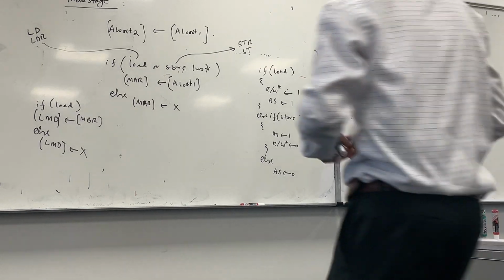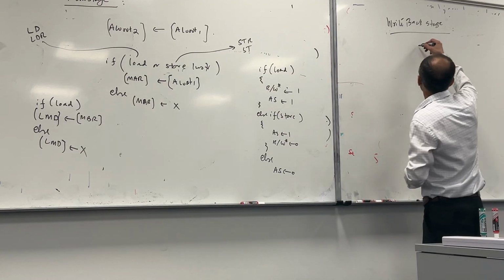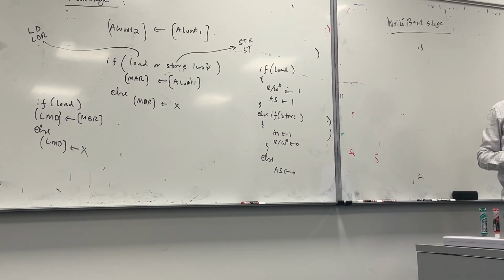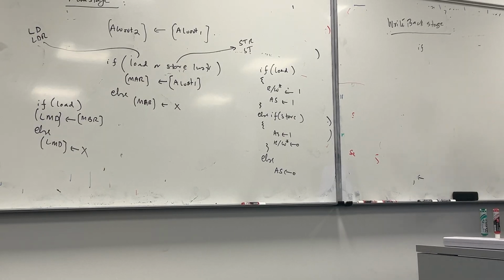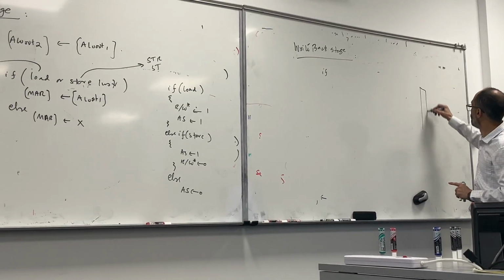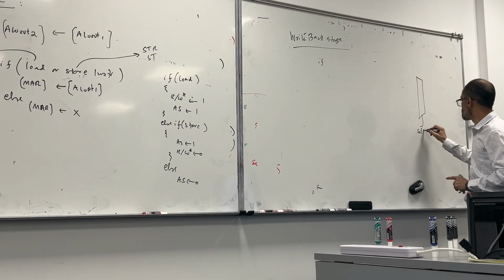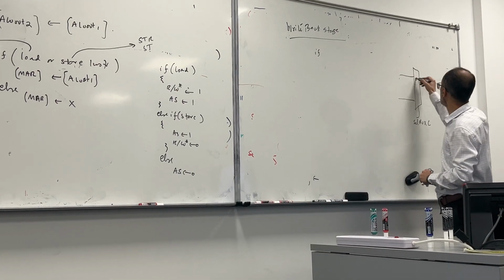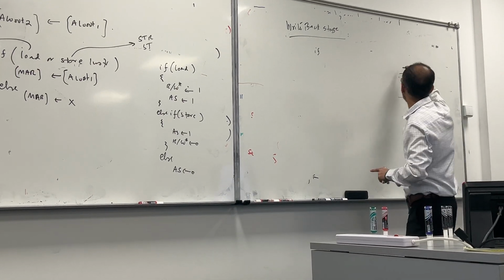Okay, so if it is an R type instruction, please remember, this is very important. Now we have another mux. Please remember, we have a mux there. Select mux C. This is my third mux. In this select mux, we have two values, 0 or 1. In 0, we are putting LMD here.